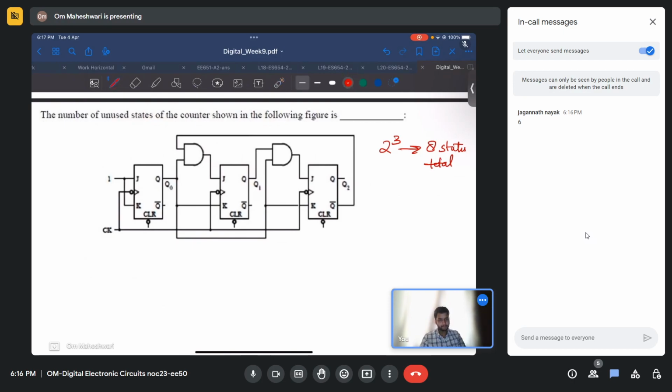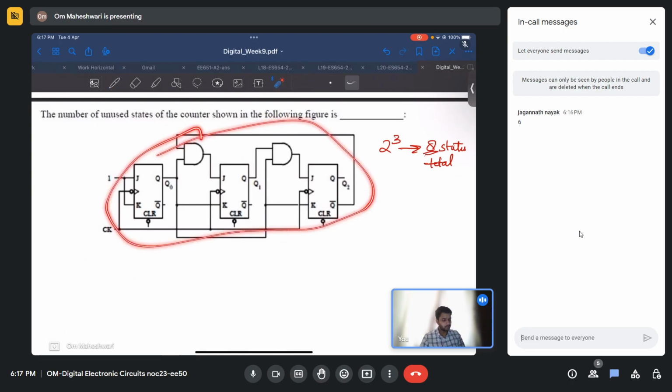The unused states are subtracted from the total states. Normally that is 2 to the power 3, 8, and you have to remove the used states. That is the answer. The total number of states is 8, minus the number of states this counter will go through, gives us the number of unused states.